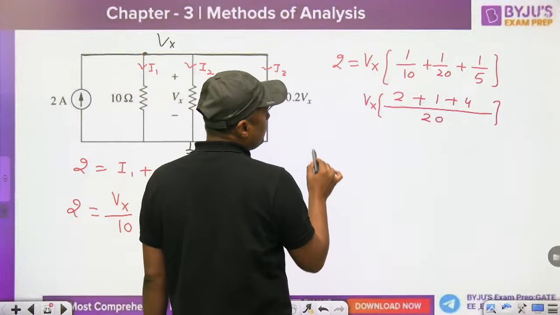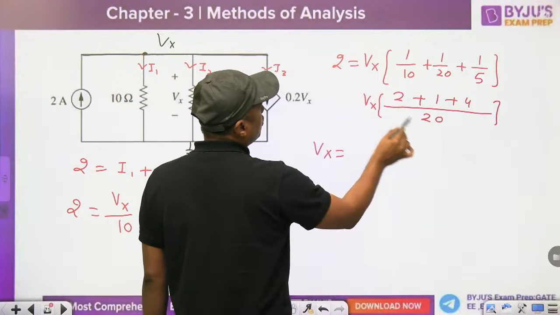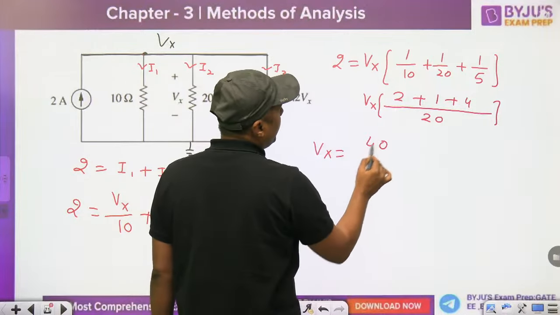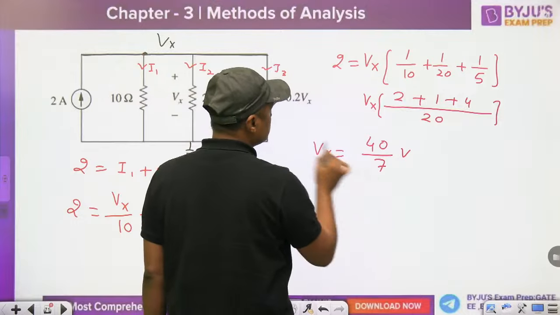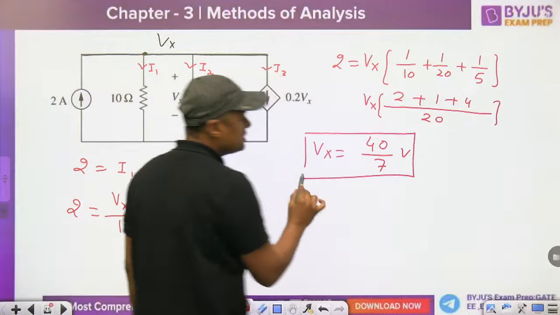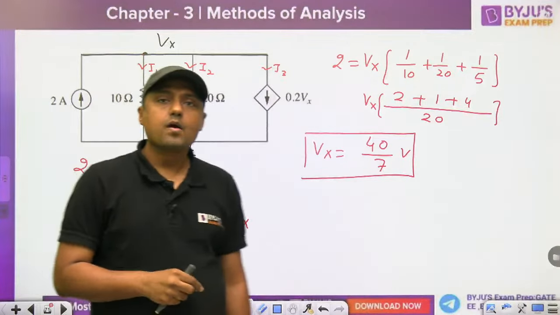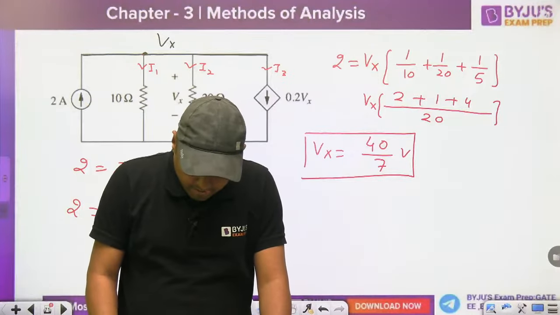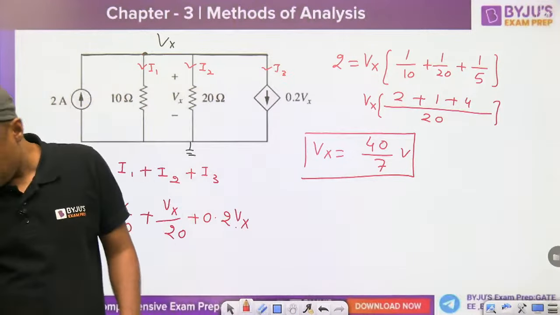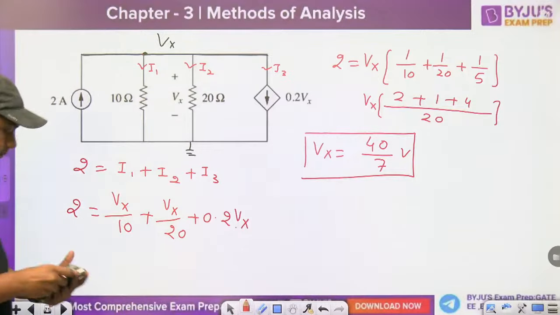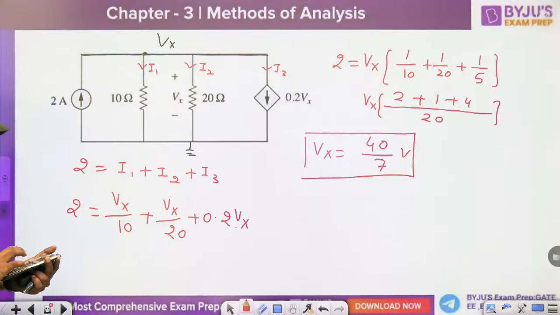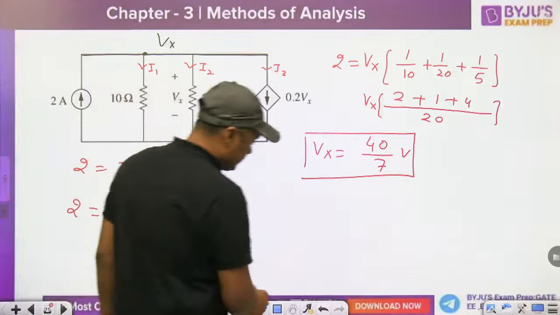And then Vx is equal to 20 into 2, that is 40 by 7. Is it correct? What is 40 by 7? Check. 5.714. Yes, this is the correct answer.